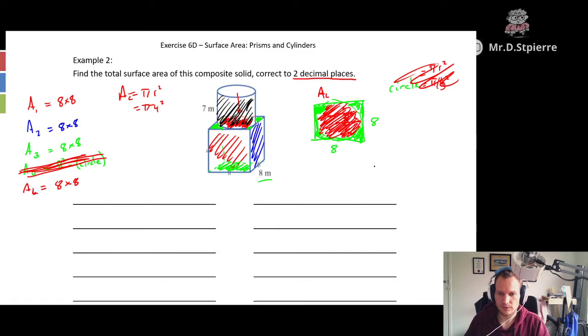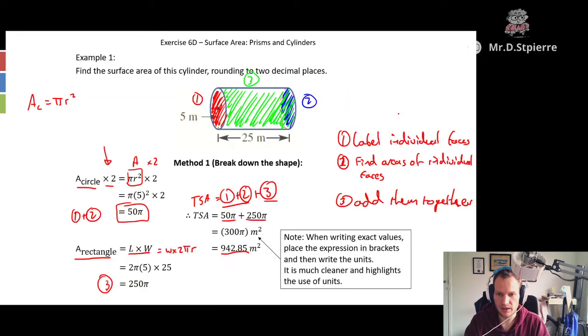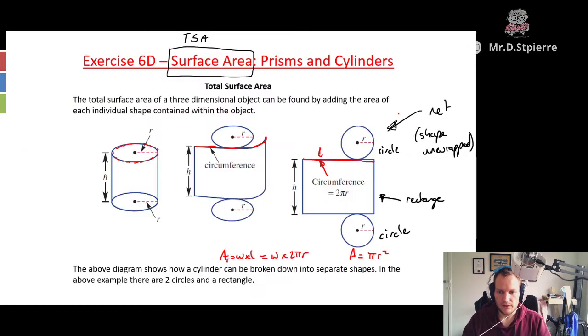Now if I cut that there and expand it out, well, that's just going to turn into a rectangle. So that distance around there is that distance there, which we talked about way back on the very first slide, yeah?